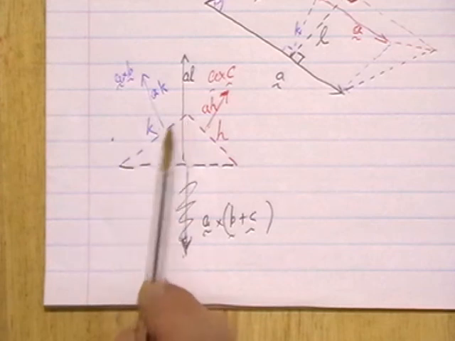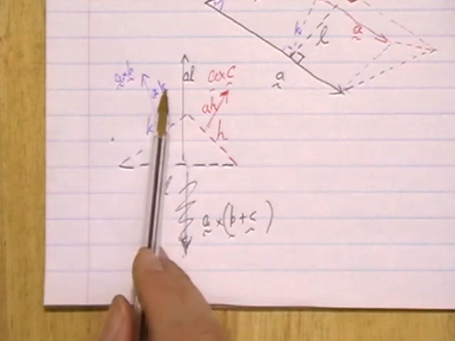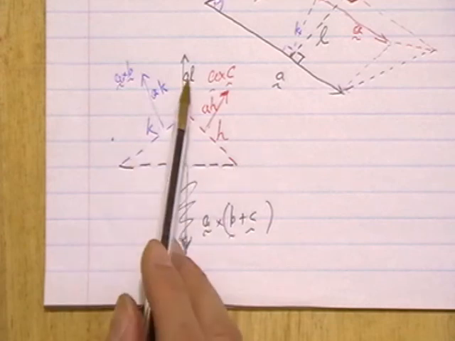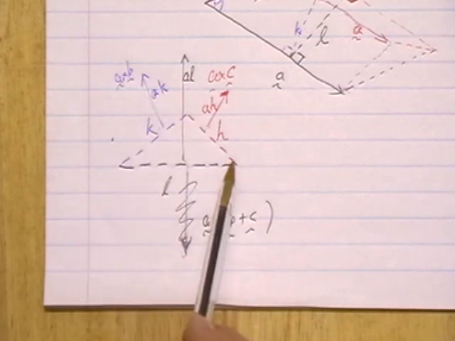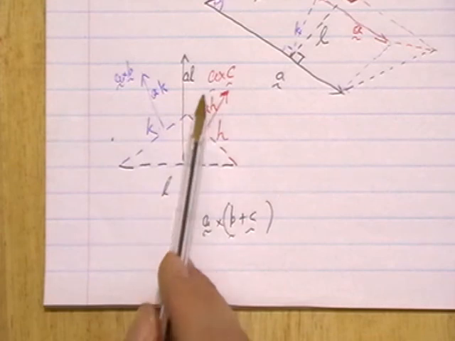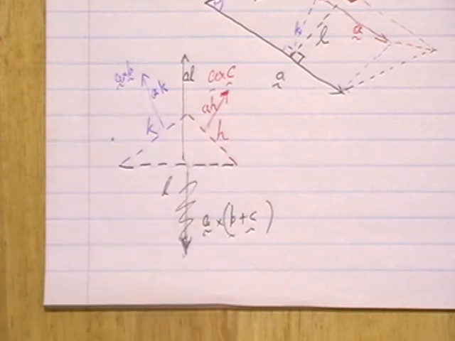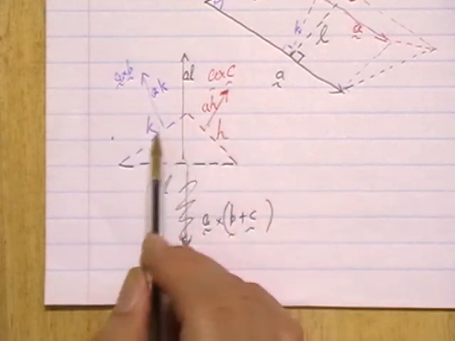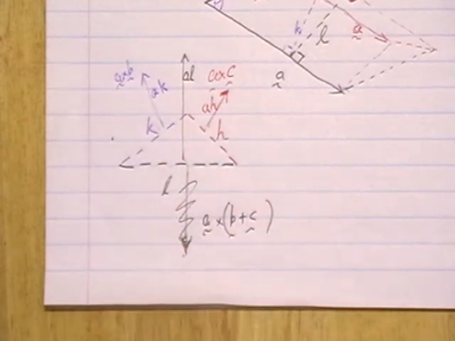See, for the side K, this vector is AK. The side L, the length of the vector is AL. Side H, the length of the vector is AH. And remember that all three vectors are perpendicular to the corresponding sides.